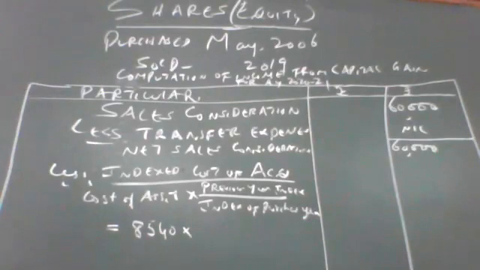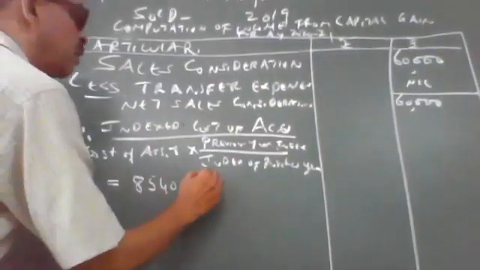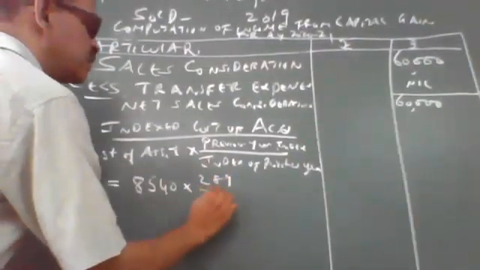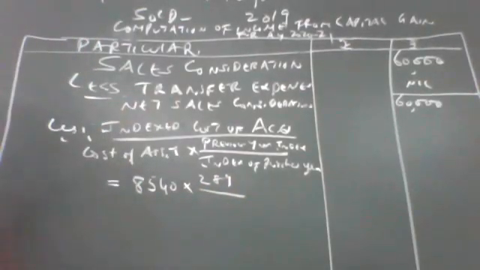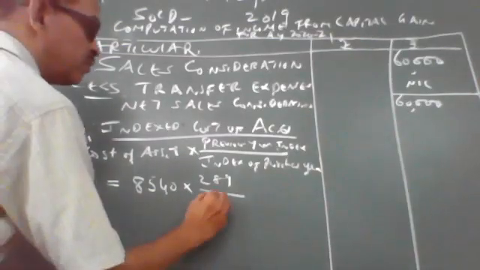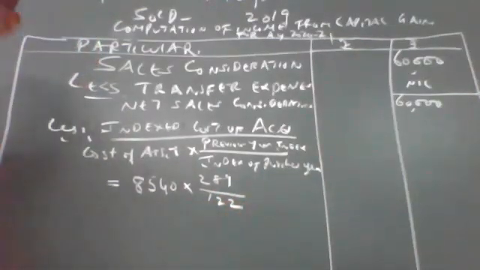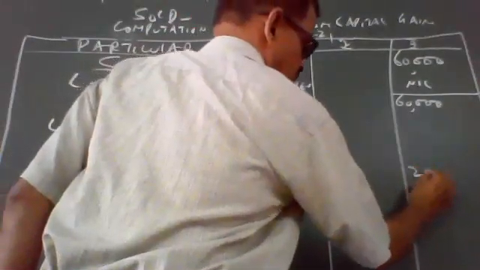What is the previous year index? 289, divided by the index of the purchase year, 2006. The index value given in the problem is 122. So what is the final result? 20,230.